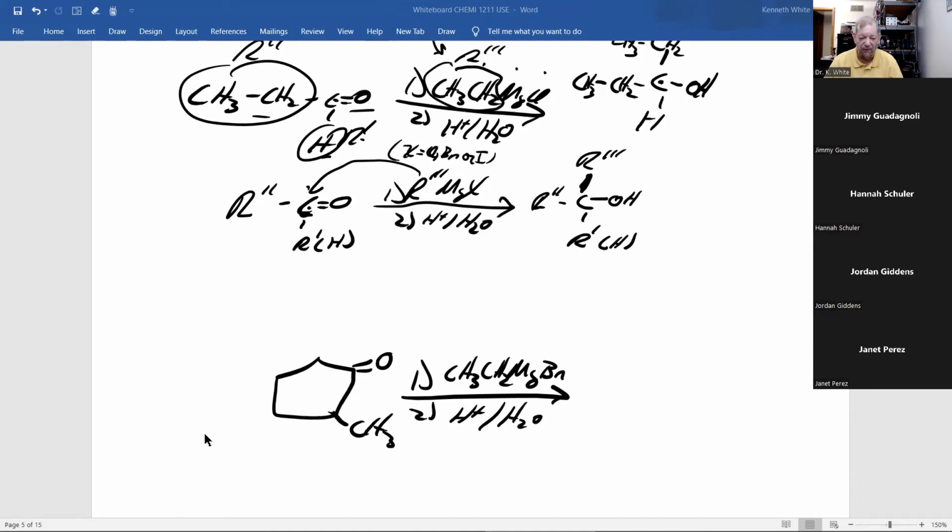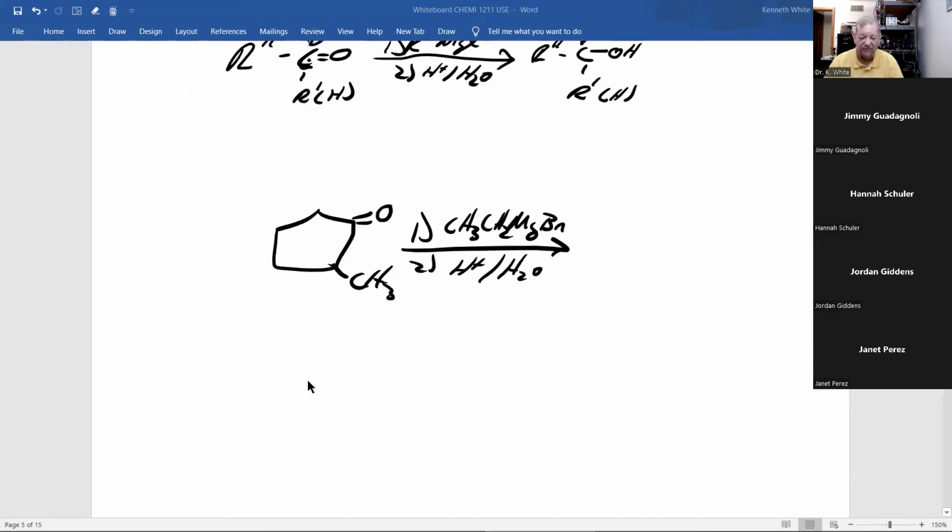All right, let's get moving. And if I look at this molecule that I'm starting with, what's different? Ooh, oxygen double bond to carbon, carbon's here. It's a ketone, cyclic. Could have been an aldehyde, but it's not. And what's different here?